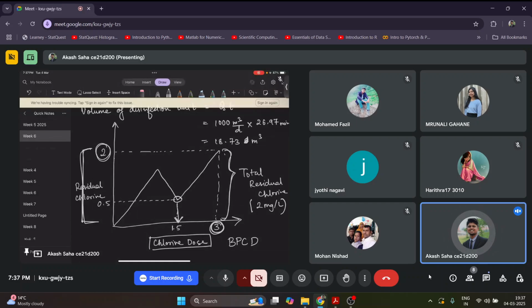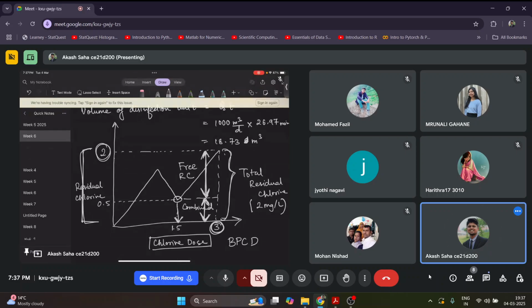Now out of this total residual chlorine, we have two parts. The part up to the breakpoint is known as combined residual chlorine, and the other part after the breakpoint chlorination is known as the free residual chlorine, free RC.